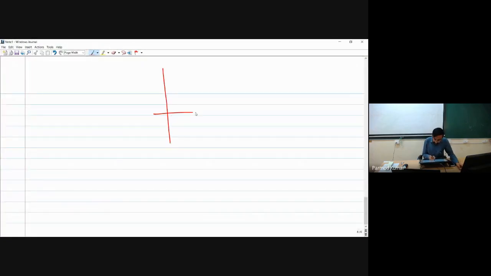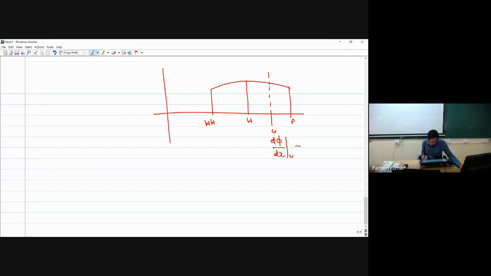While we have considered this type of quadratic variation between the three node points WW, W and P, we were interested in obtaining the slope d phi by dx at face W. What we have seen is that d phi by dx at face W has become equal to phi P minus phi W divided by delta x.